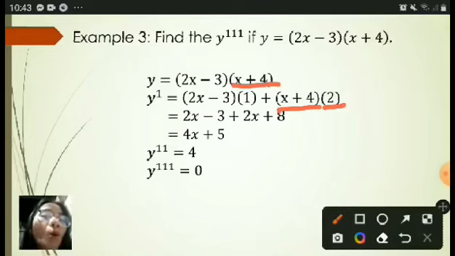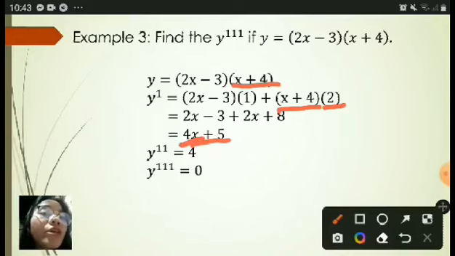Then, combine like terms. So, we have 2x plus 2x is equal to 4x plus negative 3 plus 8 is equal to positive 5. So, we have plus 5. That is our first derivative.